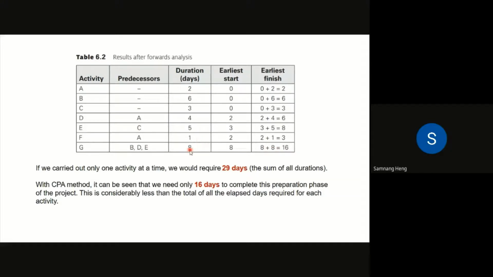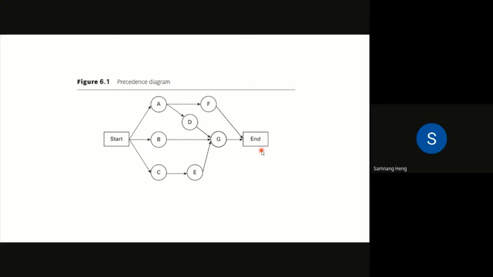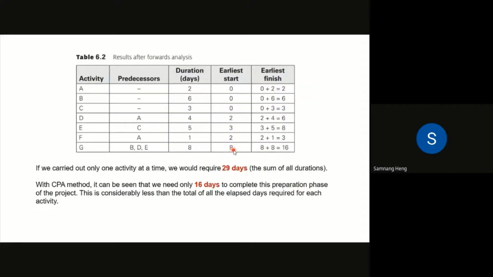So task G requires 8 days to do it. So 8, and the earliest start is, I cannot see it here, 8. So do you know where the 8 comes from? Because of B, D, E. B will take 6 days. No. Task G, get the graph again. G requires B, D, E. And this is 8.